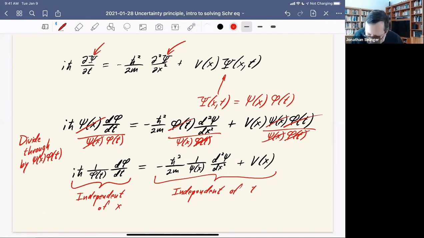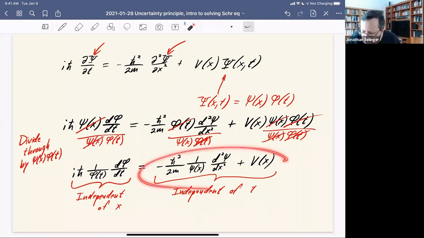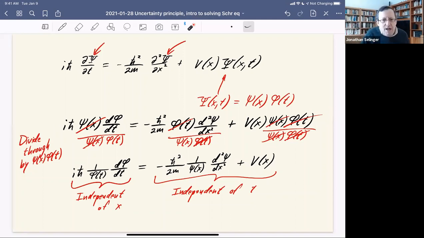So here is something that's independent of x, and here something that's independent of time. How can something that's independent of x possibly be equal to something that's independent of time? There's only one way, and that is they both have to be equal to something that's independent of both x and time. They both have to be equal to some constant.